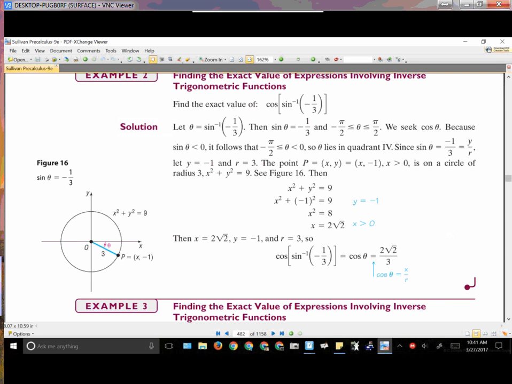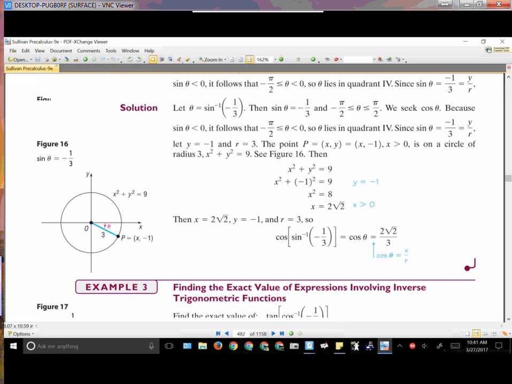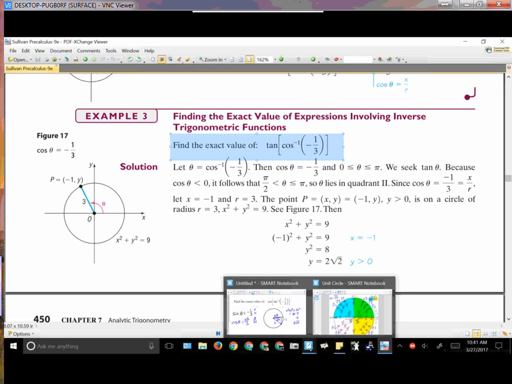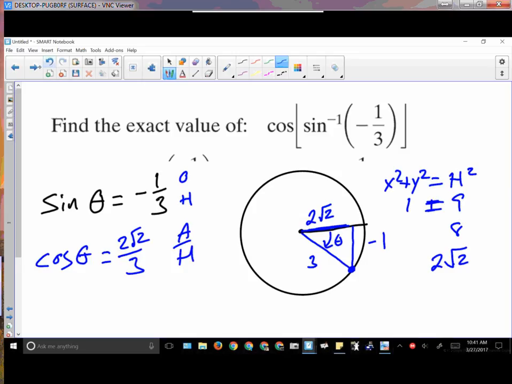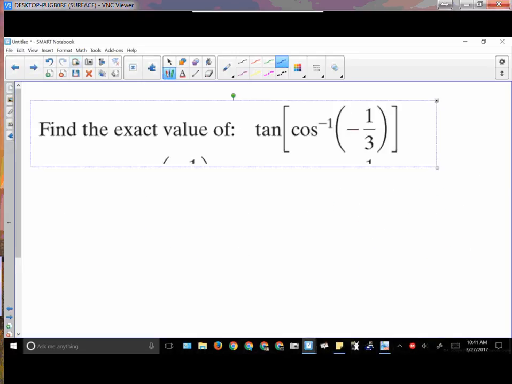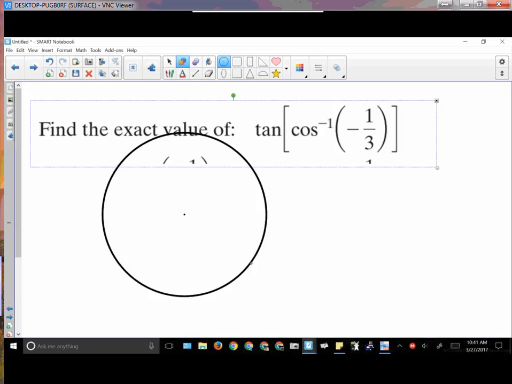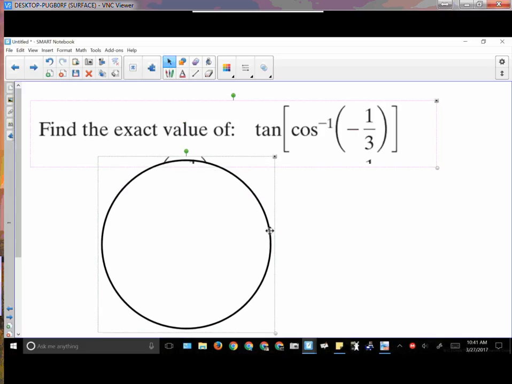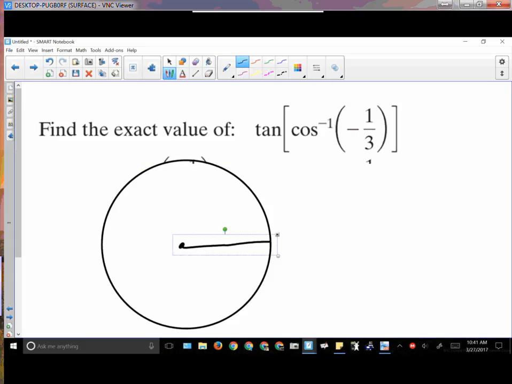A lot of mental gymnastics in this thing, isn't there? So let's try it out. Let's find the exact value of that. Okay, so cosine.